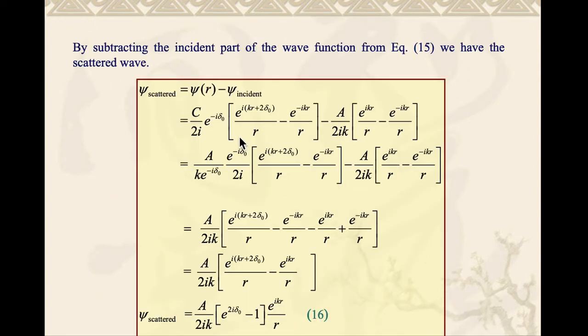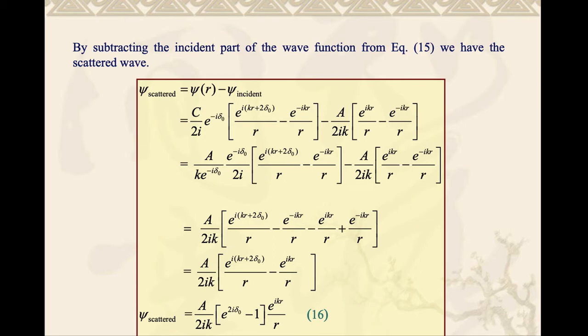And now by subtracting the incident part of the wave function from equation 15, we have the scattered wave. This equation we have already written. Psi scattered equals psi(r) minus psi incident. So this psi(r) is the wave function after scattering, and after scattering it consists of the incident flux or incident particles as well as scattered particles.